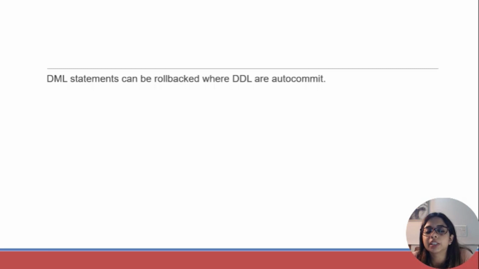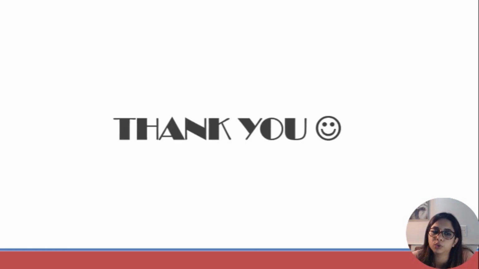DML statements have that privilege, but DDL statements get auto committed every time. Whatever you're doing, you want to create a table, it's getting created. You want to alter a table, it's happening. So you're not able to backtrack here. It is auto commit, but DML can be rolled back.